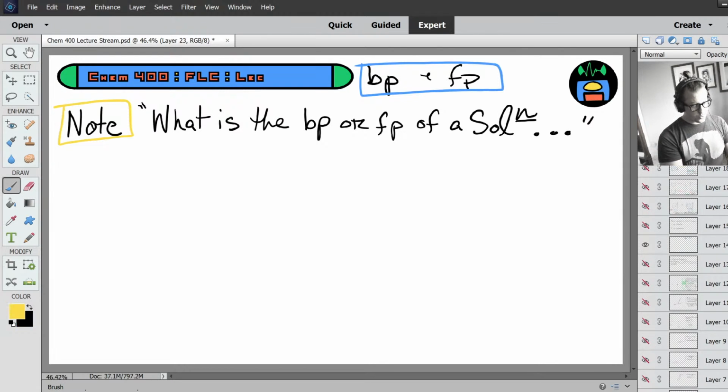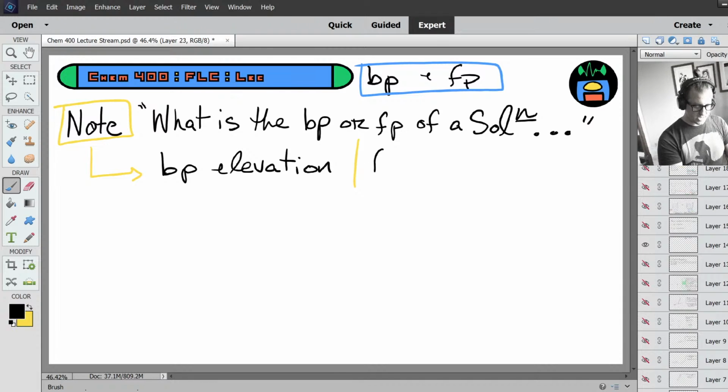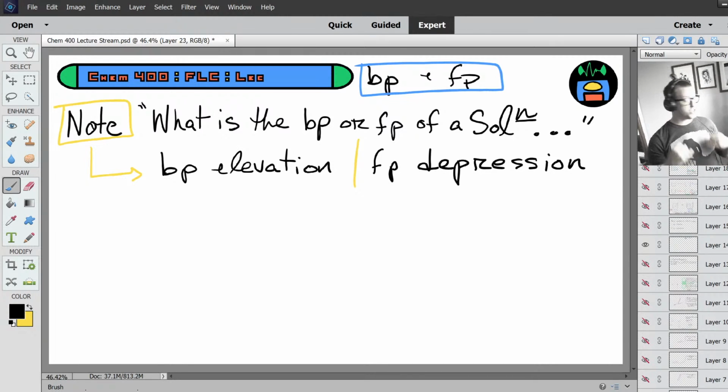The thing that is critical to remember is that it's boiling point elevation and it's freezing point depression. When you find your delta TB or delta TF, those are the changes in boiling point or freezing point.